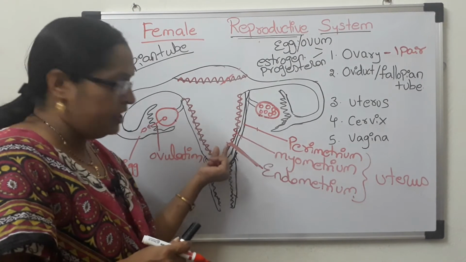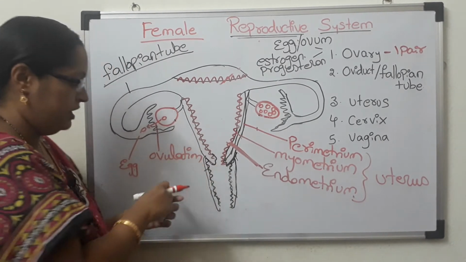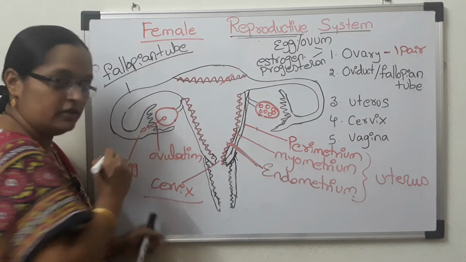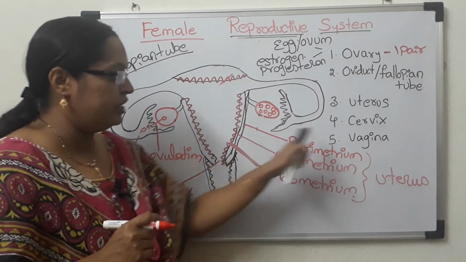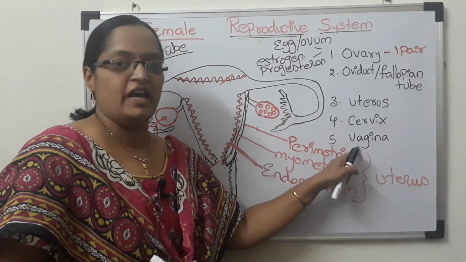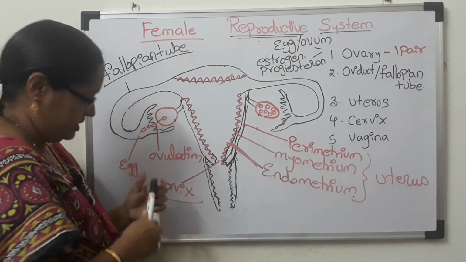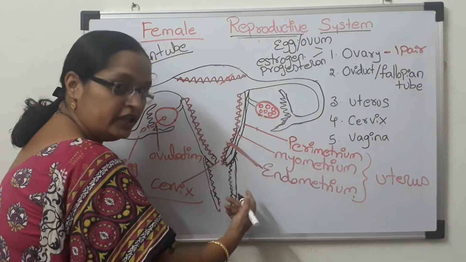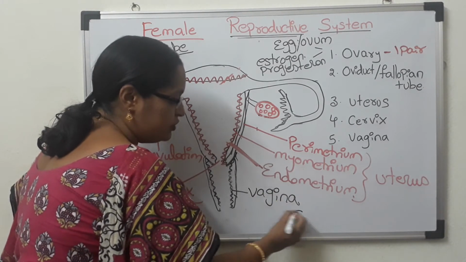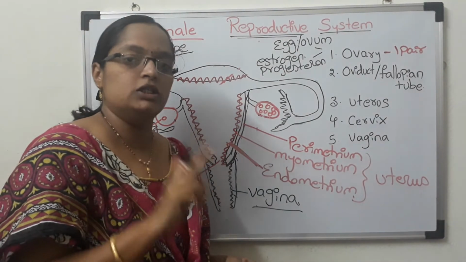Next, the uterus narrows at the bottom. That part is called the cervix. The cervix leads into the vagina. The vagina is also known as the birth canal.